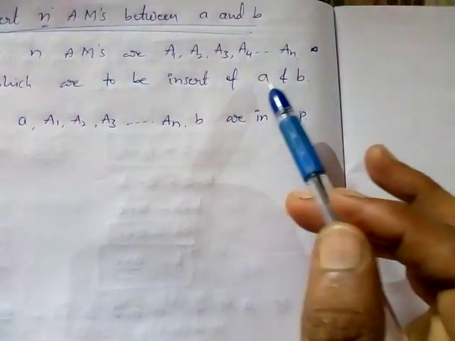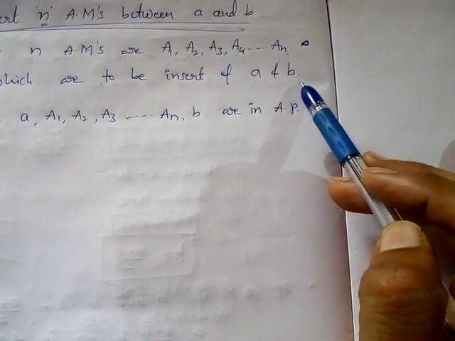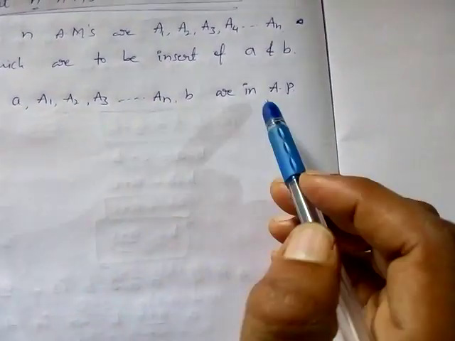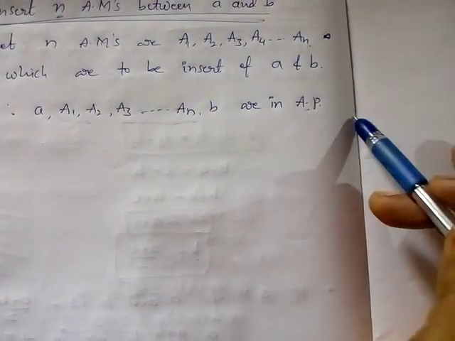If n arithmetic means lie between A and B, then the series is in AP.